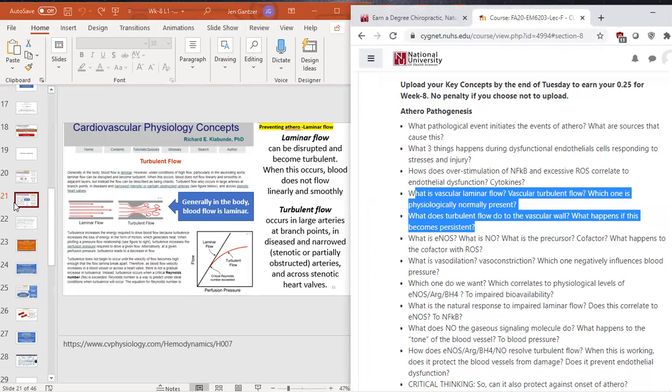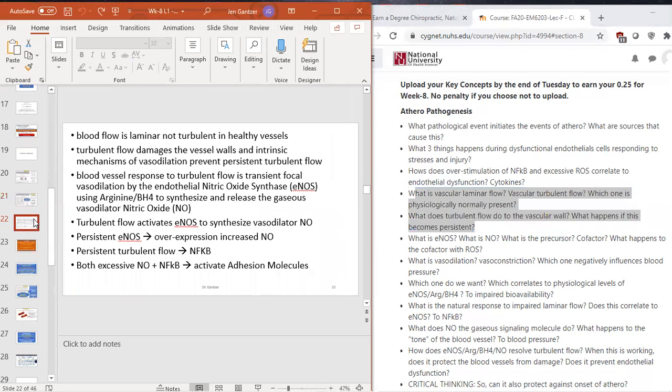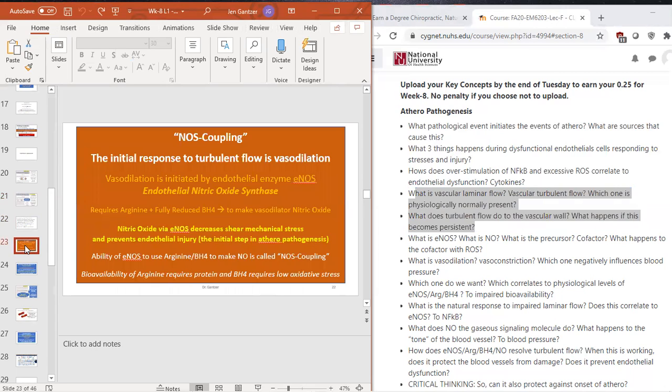However, when we are talking about just basic blood flow in the form of hemodynamics, we have to understand that on a regular basis, the body decides when to do laminar versus turbulent flow. And if turbulent flow happens, what we do is we initiate vasodilation.